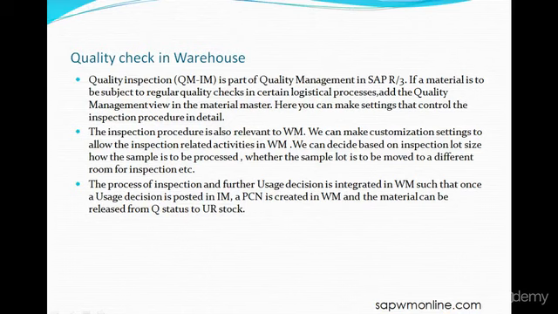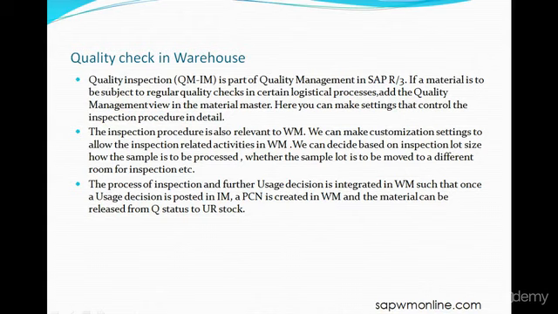So we can make customization settings to allow the inspection related activities in WM. So let's say if your material is subjected to a quality inspection, you can decide how you want to do the quality inspection, whether you want to take out a sample from the lot and do the inspection in the goods receipt area itself, or you would want to take it to a different room which is the quality room, and then do an inspection and so on.